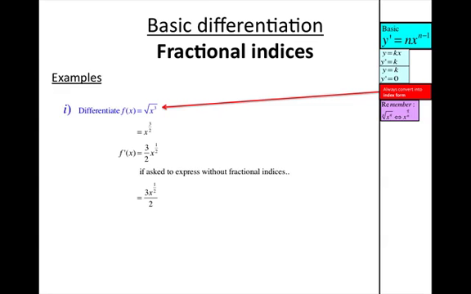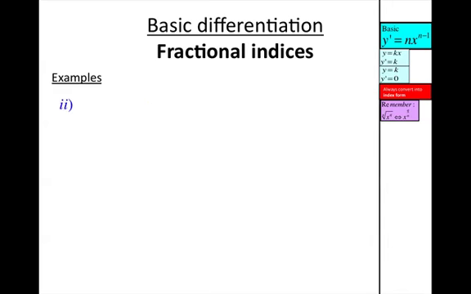And x to the half, which is your default one, becomes root x, because the denominator is a 2, so it's the square root, and the numerator is a 1, so it's x to the 1. So it's 3 root x on 2. Hopefully that was slow enough. If not, look through it again and try to take it one step at a time.